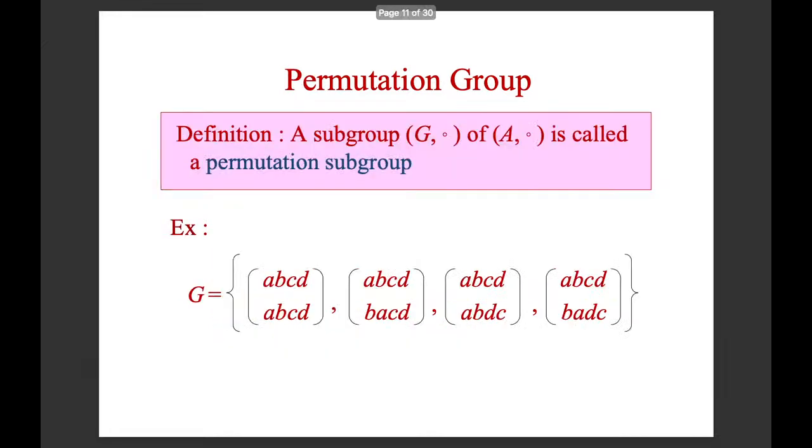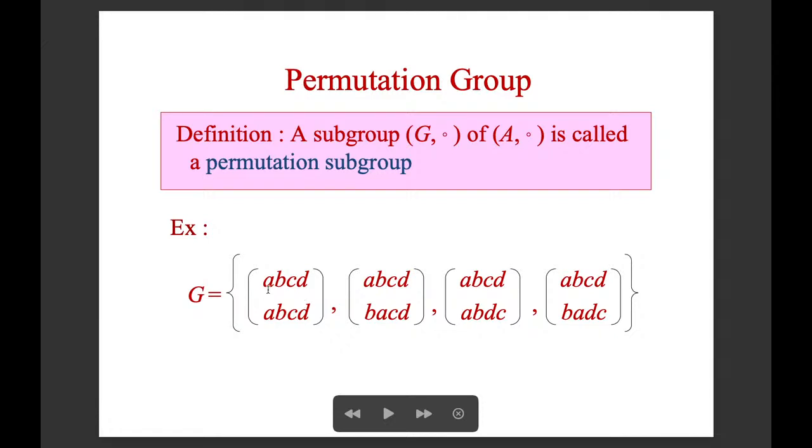So we can also define a permutation subgroup. A permutation subgroup is just a subgroup of this group. So there is a subset of permutations G of A, together with this binary operator. Together, if it forms a group, then it is called a permutation subgroup.